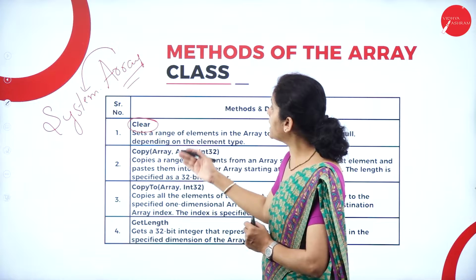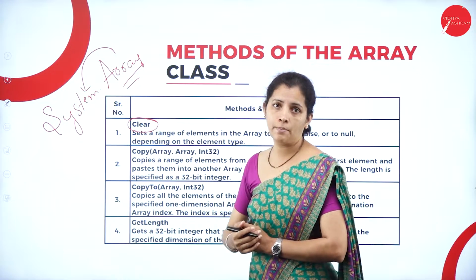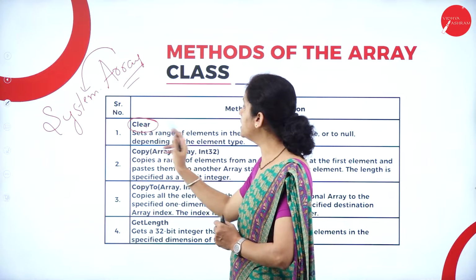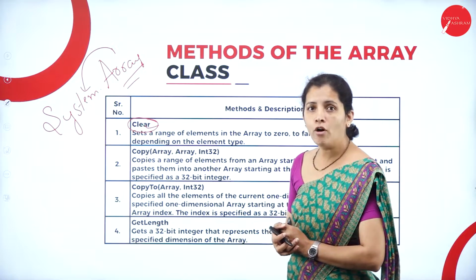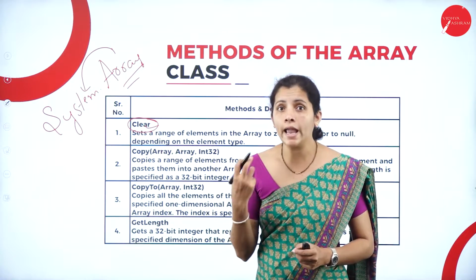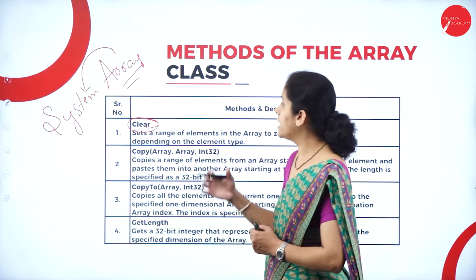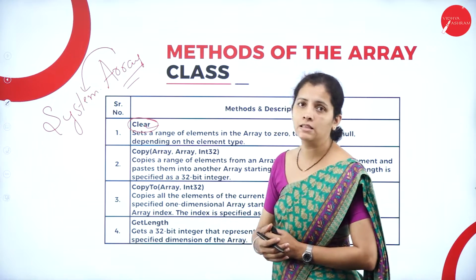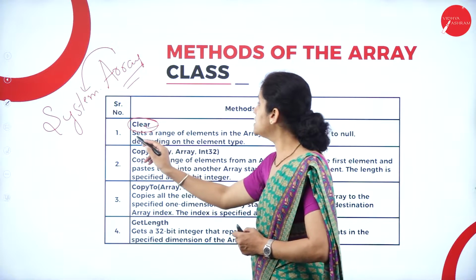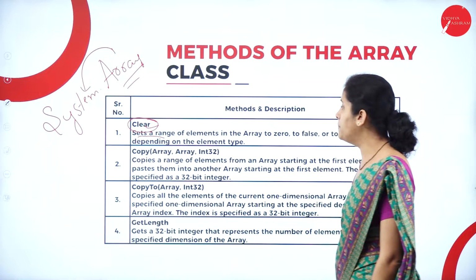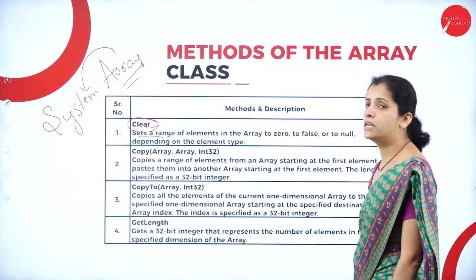And what method does this Array class support? That is nothing but Clear. So if I want to clear all the array elements, then I can call the method called Clear. It sets a range of elements in the array to 0.